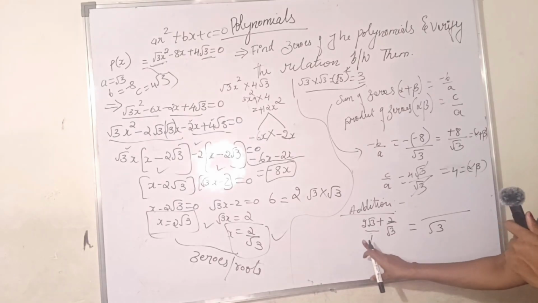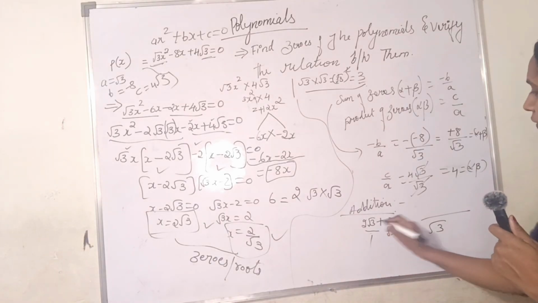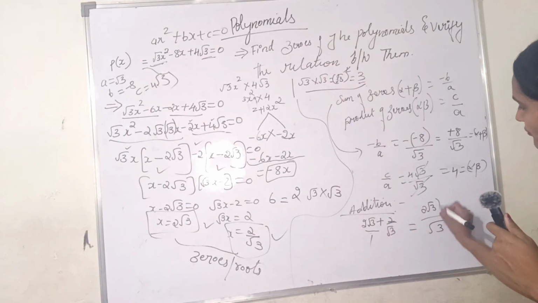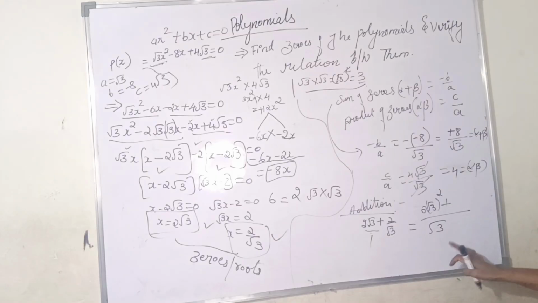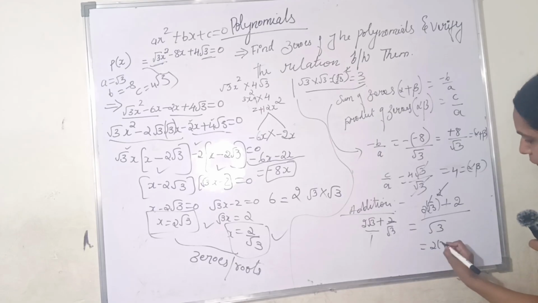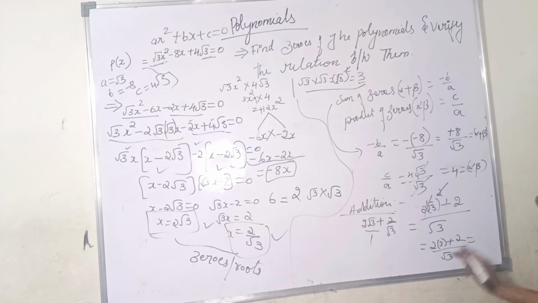So this root 3 is not here in the numerator, so I have to multiply root 3 to the numerator. So root 3 into root 3 is 3, and 2 by root 3 already has root 3 in the denominator, so you don't need to multiply anything. Whatever is in the numerator, just write it down. Root 3 square cancels: 2 into 3 plus 2 divided by root 3. So 2 3s are 6, 6 plus 2 is 8. 8 by root 3. So we got the same answer.